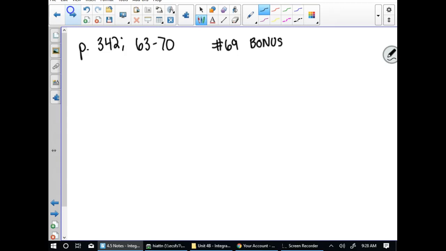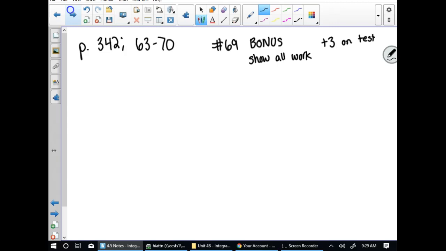You will have the right answer for 69 in the back of the book, but you must show all work for that. I think it's a pretty hard problem. We'll say plus 3 on the test.